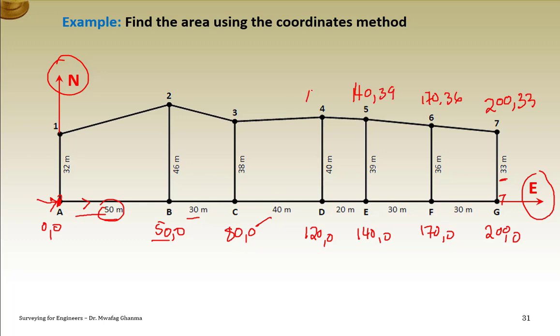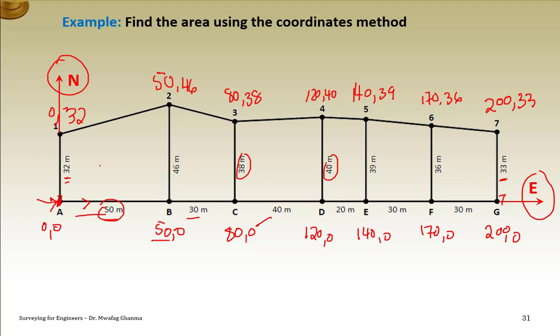We have 120 and 40. We have 80 and 38. Here we have 50 and 46. And the last point here, point number 1, is 0 in the easting, and for the northing it is 32.